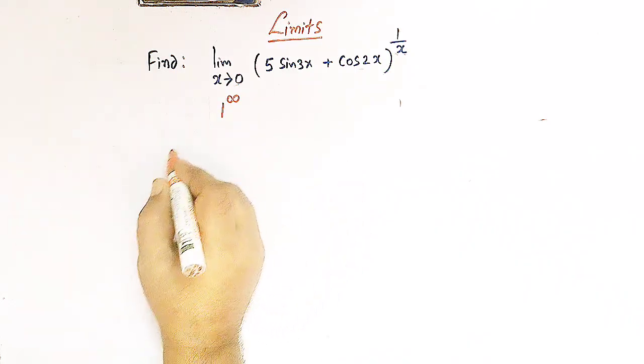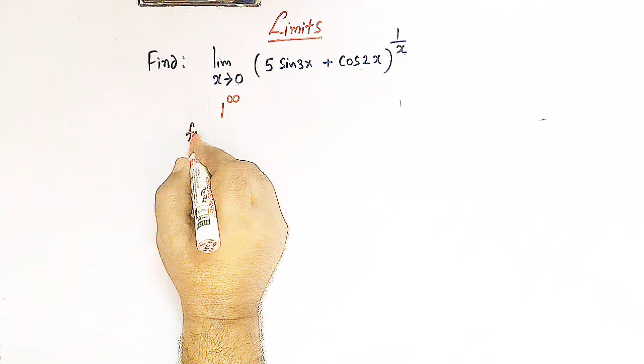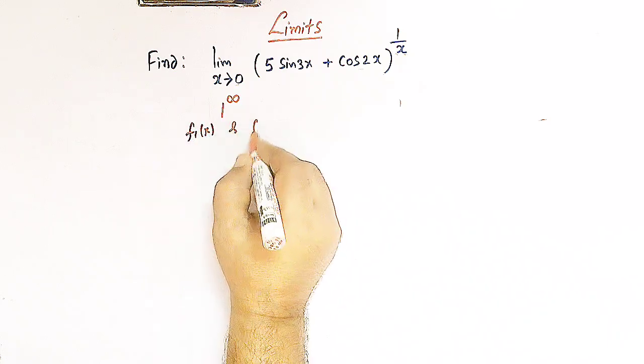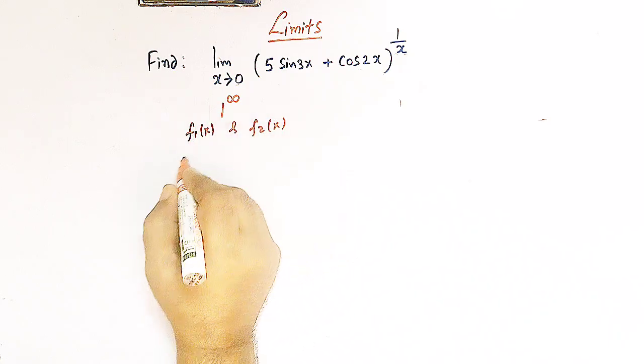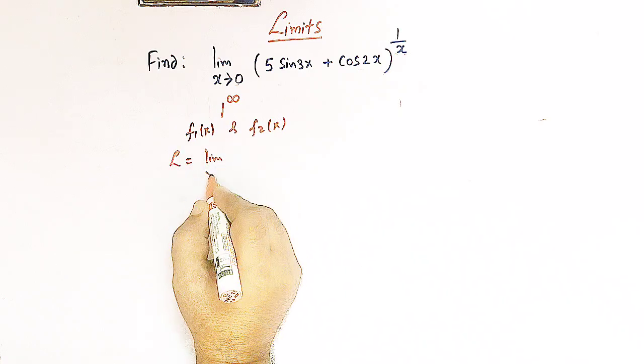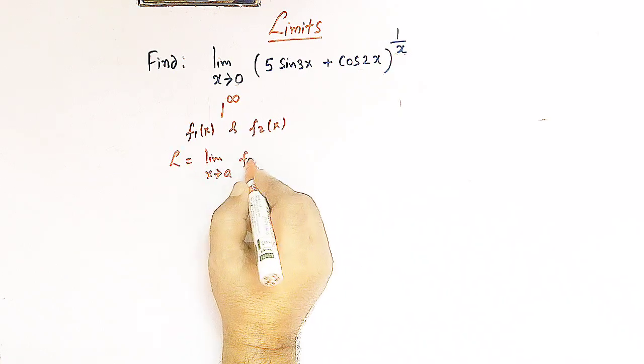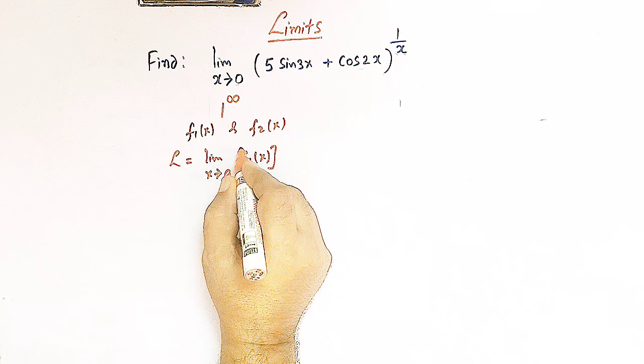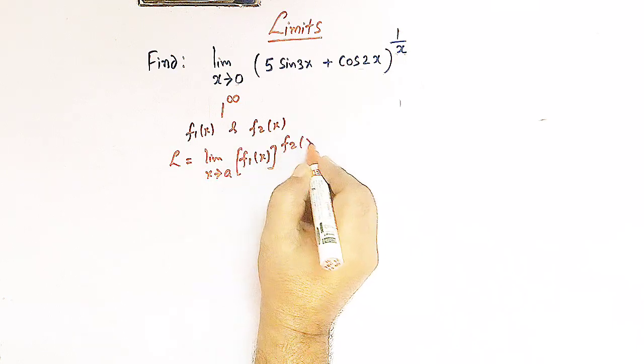And here we'll discuss this form of the limit with the help of this example. Let us consider two functions f1(x) and f2(x), and let L be the limit as x tends to a of f1(x) raised to f2(x).